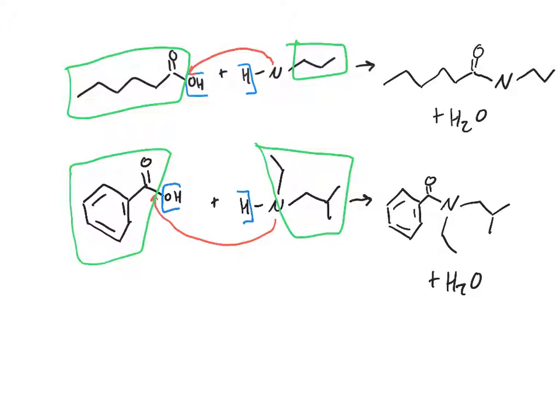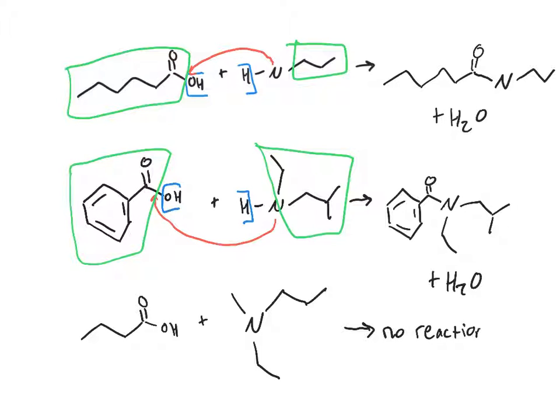Let's look at one more example. Here we have our carboxylic acid reacting now with a tertiary amine. In this case, there will be no reaction that occurs. Take a couple seconds now and ask yourself why. Figure out why an amidation reaction cannot occur with a tertiary amine.